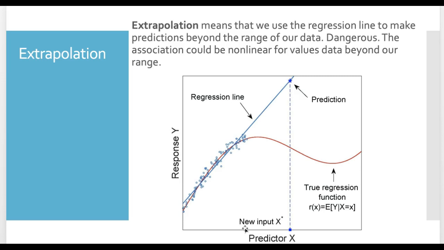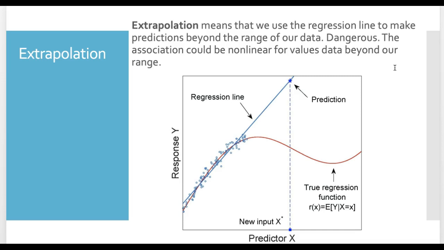I observed that because I have the data that tells me so. But beyond this point, I don't have any data. So I do not know if this trend is going to continue to be linear or not. That's what this line is telling us: extrapolation means that we use the regression line to make predictions beyond the range of our data. And this is very, very dangerous.